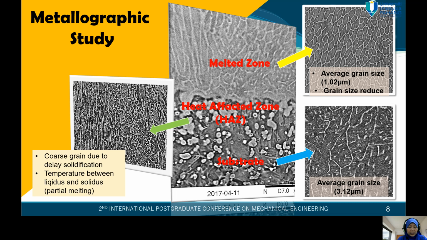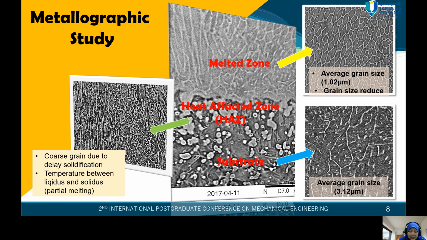The figure shows the formation of three layers after the laser melting process, namely melt zone, heat affected zone, and substrate. The melt zone produces a refined grain structure of 1.02 micrometer average grain due to localized rapid heating and cooling, while the heat affected zone produces a coarse grain structure due to delayed solidification, where the temperature between liquidus and solidus causes partial melting.